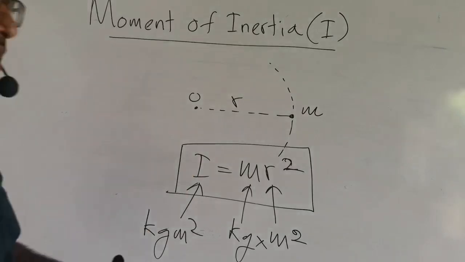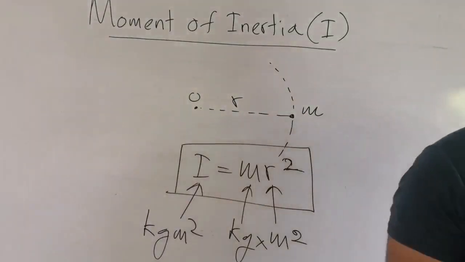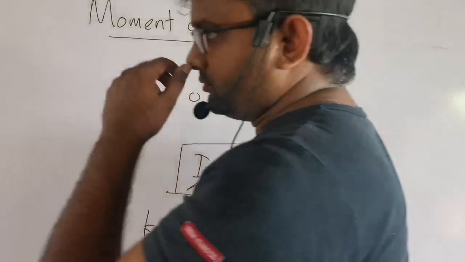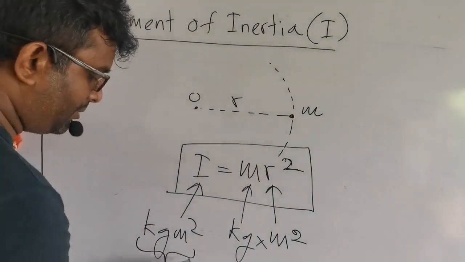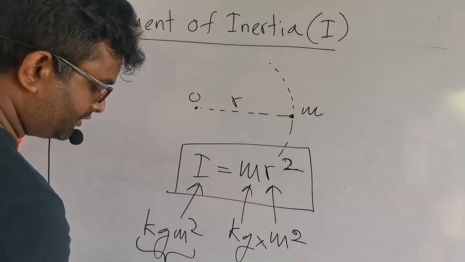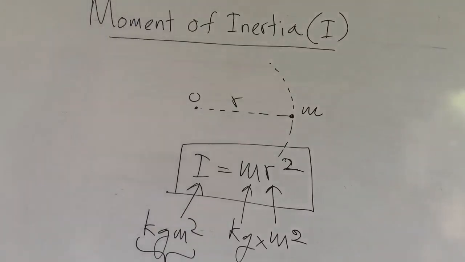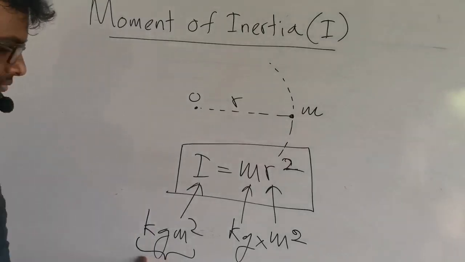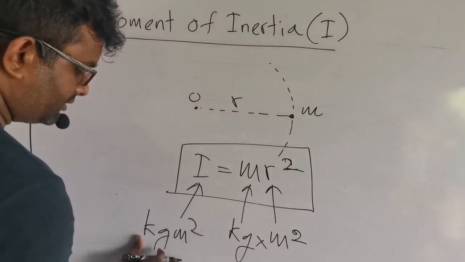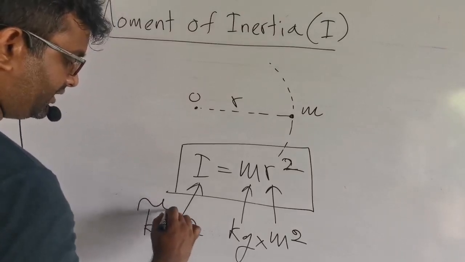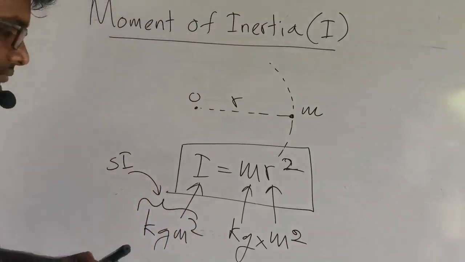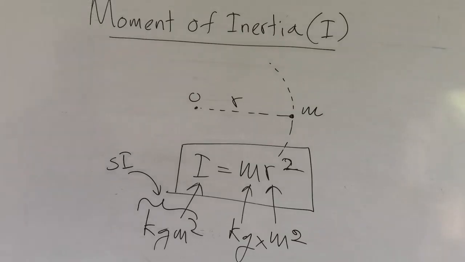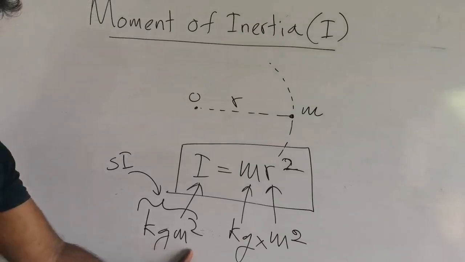Then write down: moment of inertia is a scalar quantity, and the SI unit is kilogram meter square.